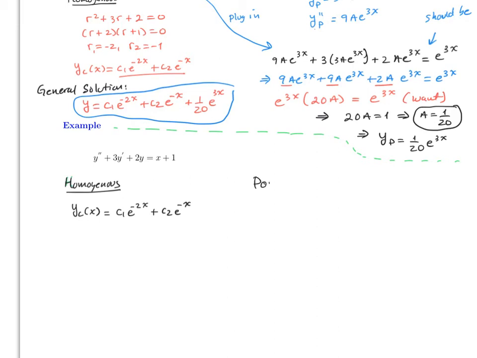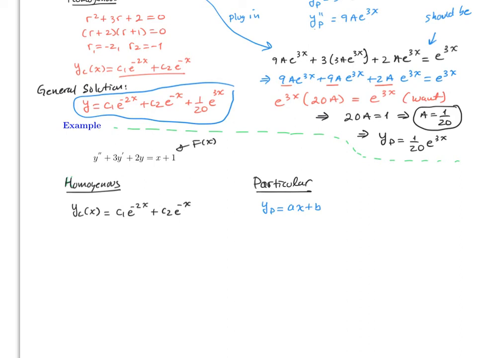Now for the particular, since the function f of x is now a polynomial, in this case a binomial, then the particular solution will be ax plus b.